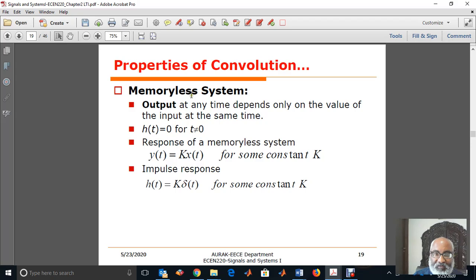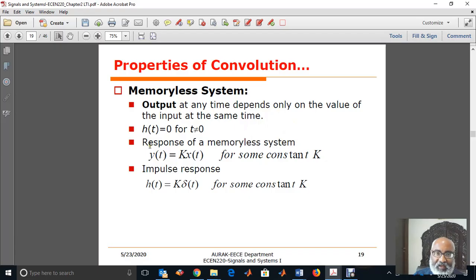Another property is the memoryless system. If you remember, in the first chapter we said a system is memoryless if the output at the present time depends only on the value of the input at the present time, that is, the output at time t depends on the input at time t.